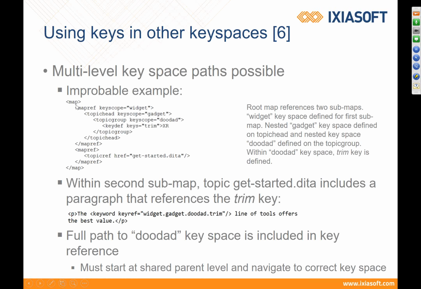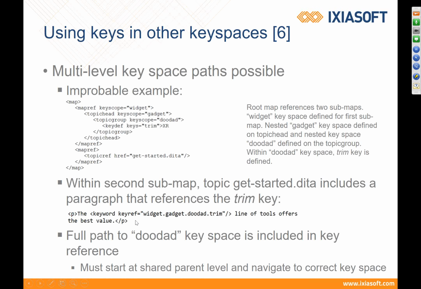The first submap of the parent map has a keyscope named widget, and within the widget keyspace there's a gadget keyspace, and within the gadget keyspace there's a doodad keyspace, and within the doodad keyspace I have a trim key defined. And in my Get Started DITA topic, I want to reference this trim key.